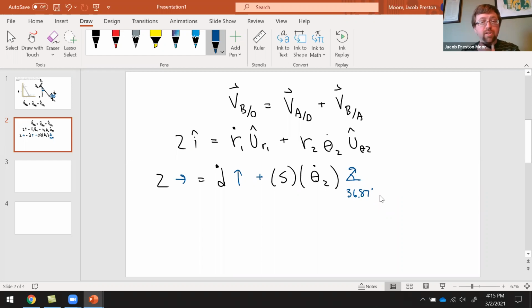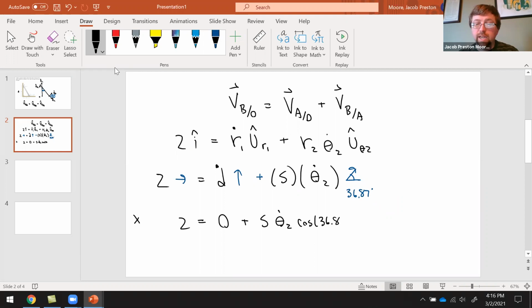This can be broken down into X and Y components. In the X direction, I've got 2 equal to, well, there is no X component to the first term, it's going straight up, so 0 plus 5 theta 2 dot times the cosine of 36.87. In the Y direction, we're going to have 0, since the left side has no Y component.